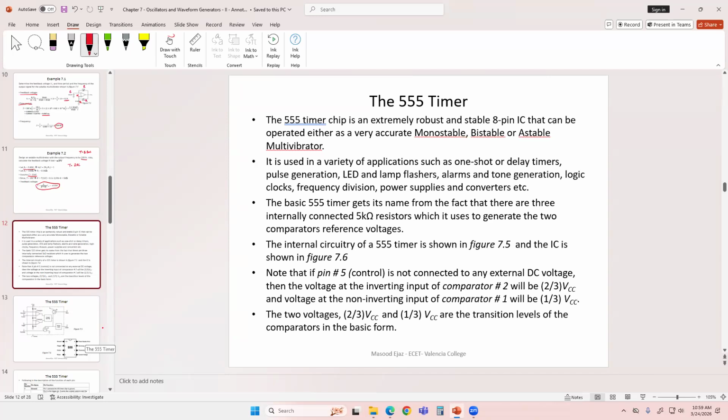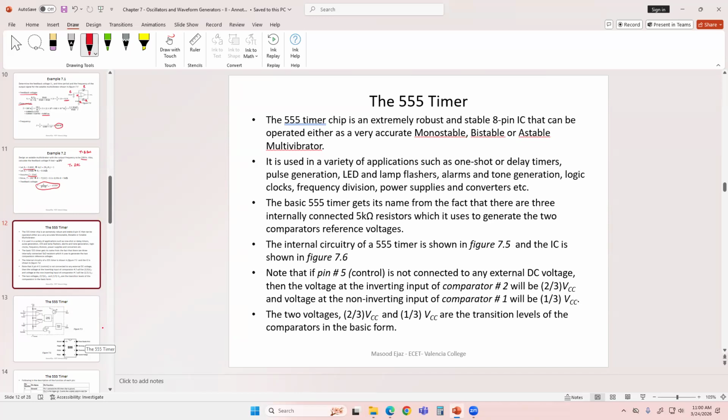So the 555 timer is the IC that you're going to be using to create an oscillator. And it's an 8-pin IC. You can create all 3 types of oscillators with the 555 timer: monostable, bistable, and astable. There are a lot of applications of the 555 timer.